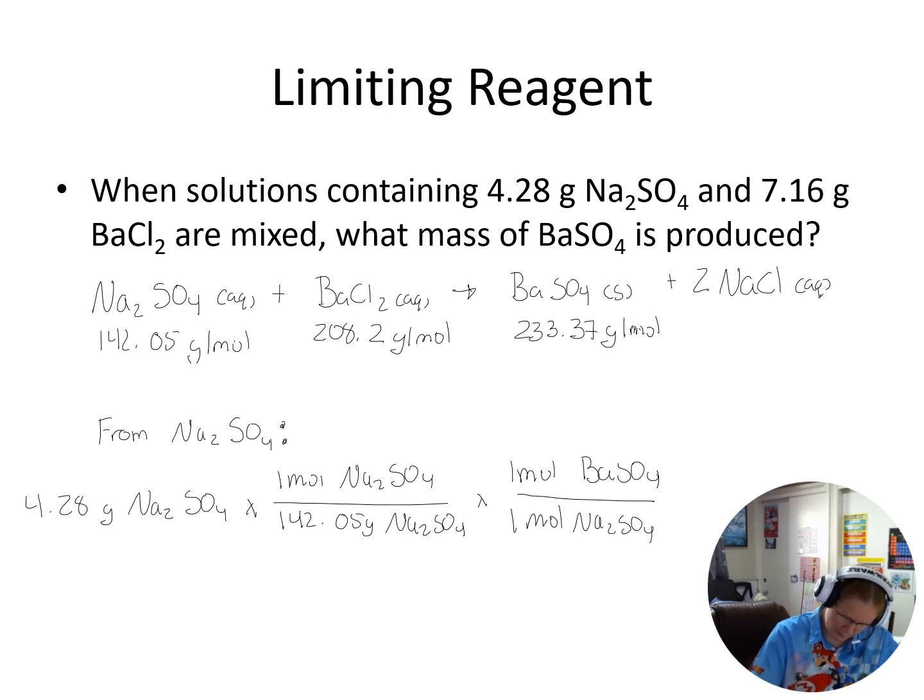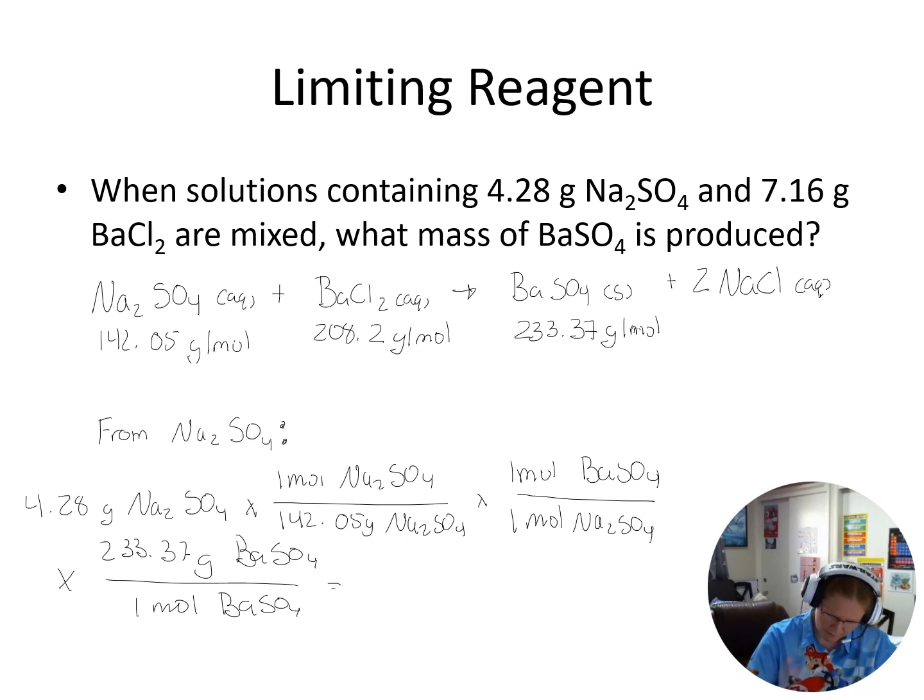And then we can convert back to grams. Okay, and so here we get 7.03. Okay, so from our sodium sulfate, we could make 7.03 grams of barium sulfate.